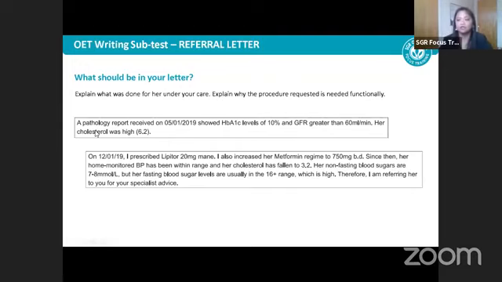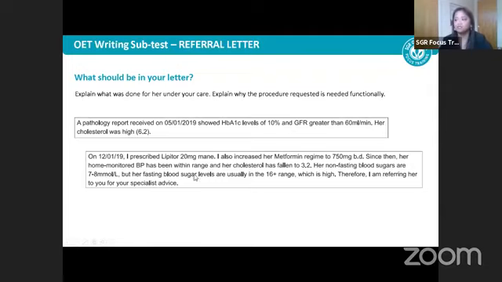You can see that it's reporting the pathology report results in here, and what the final result is, that the cholesterol is high, and then some further details about what was done. So medications given, changes to her medication as well, and results of the BP range and the cholesterol and the non-fasting blood sugar.